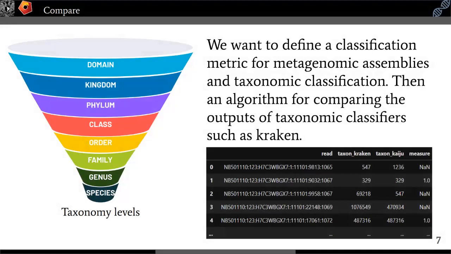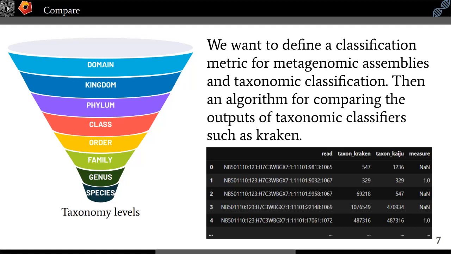We want to optimize the metagenomic assembly and taxonomic classification metrics. Therefore, we create a comparison algorithm between the outputs of different taxonomic classifiers like Kraken and Kaiju. There are several taxonomic classifiers of genomic sequences, such as Kraken, where we compare how well they classify at the desired taxonomic level.